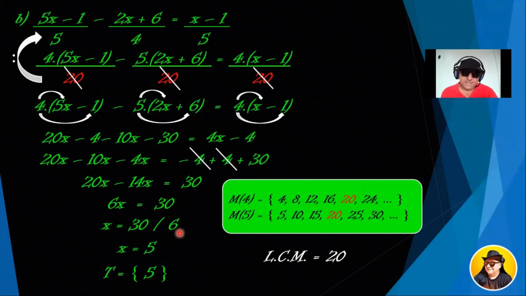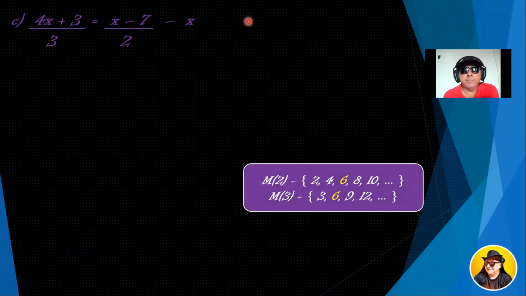All right, let's see question C, the last one. Now I have here fractions, one with 2 in the denominator, and this is minus y, minus x over 1. The denominator is 1. So let's see the multiples of 2 and the multiples of 3.